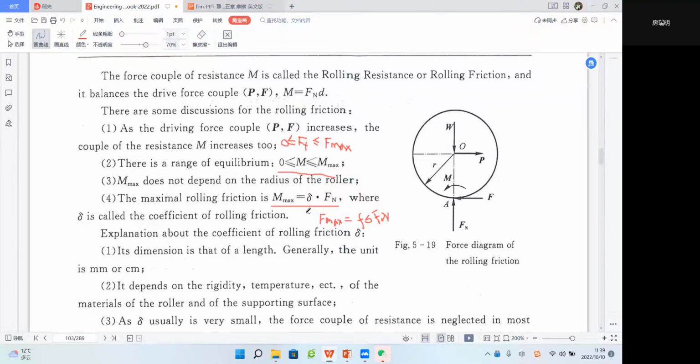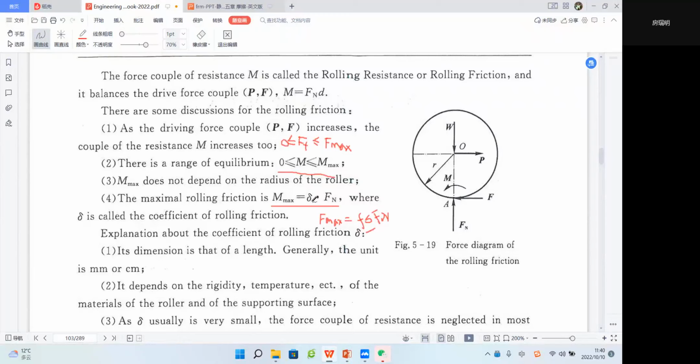They are a little different from this one to this one, because this rolling resistance is a kind of moment, and this is a force. So actually, this Fs will have no units. It's just a number.